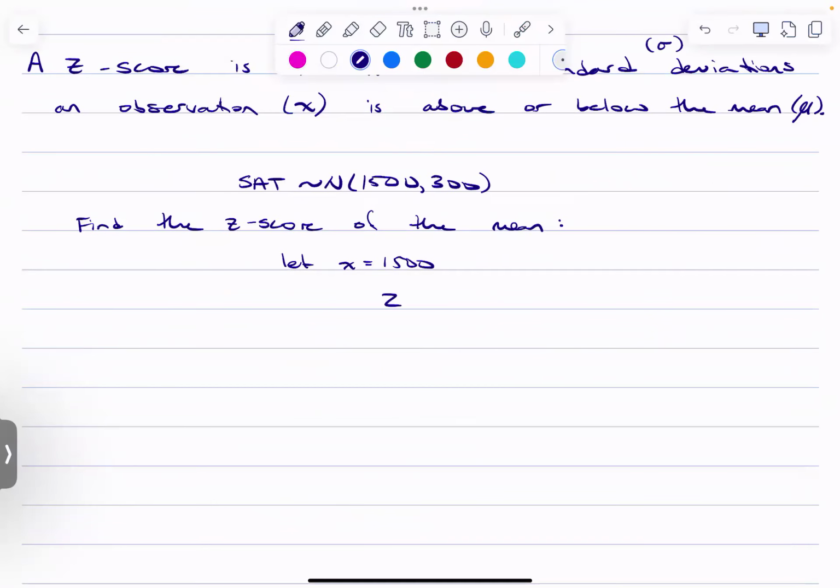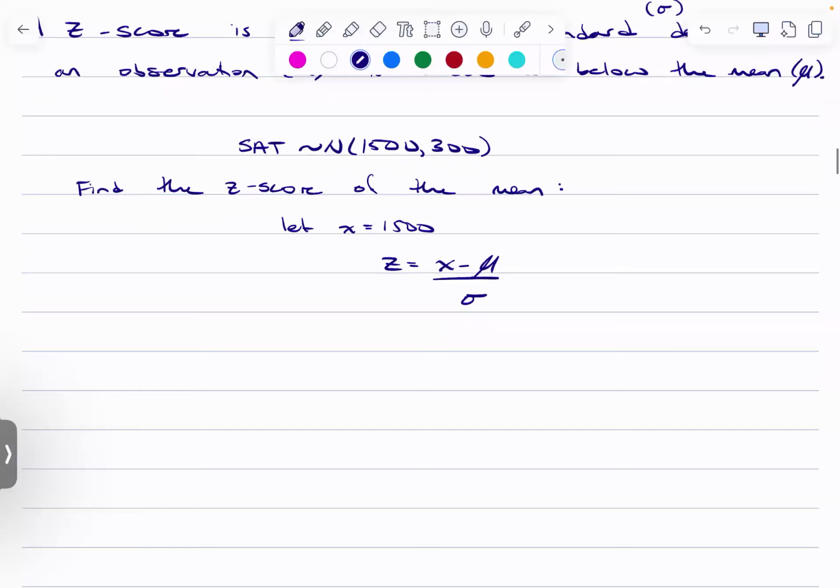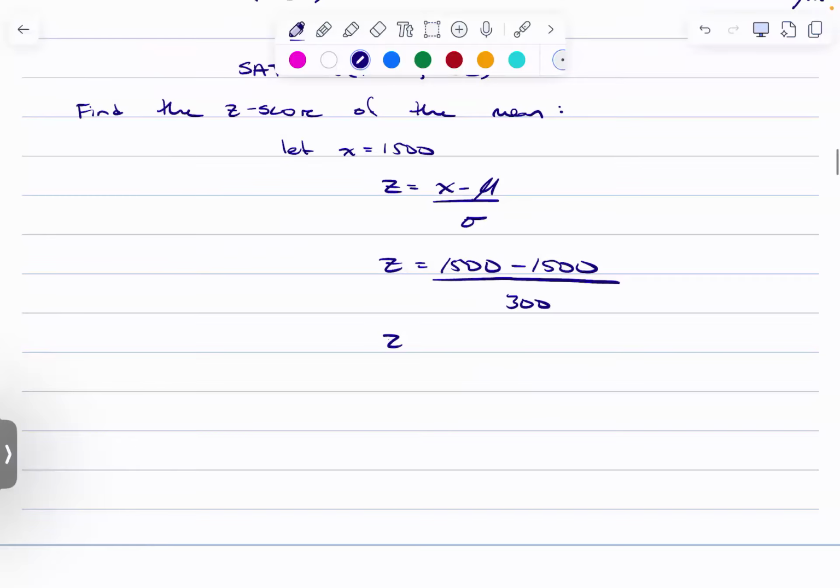So here then z, which is x minus mu over sigma, that's on your formula sheet, and we're going to use that a ton. Z must be 1500 minus 1500 divided by sigma, which is 300. So Z equals 0. And this is why Z is always centered on 0.